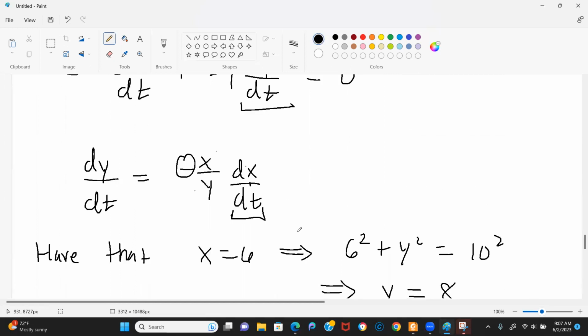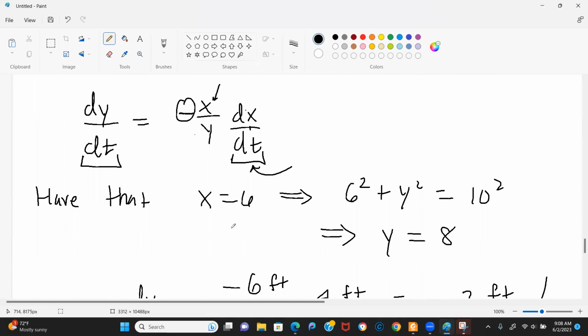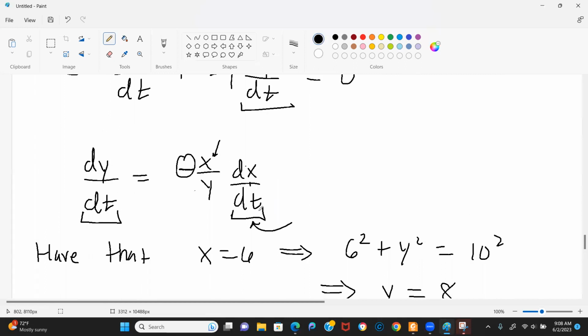Let's go back to this formula because this is interesting right here. x and y are always going to be positive numbers, so what's controlling the sign of dy dt is this term right here. Let's imagine now that instead of dx dt being positive, meaning you're sliding away from the wall, dx dt is negative, meaning you're pushing the bottom of the ladder towards the wall.